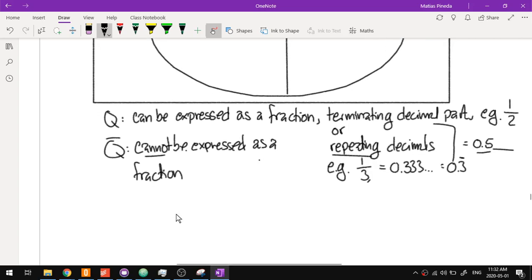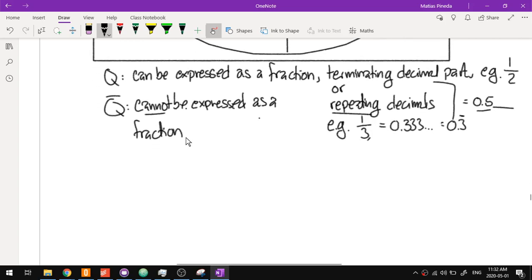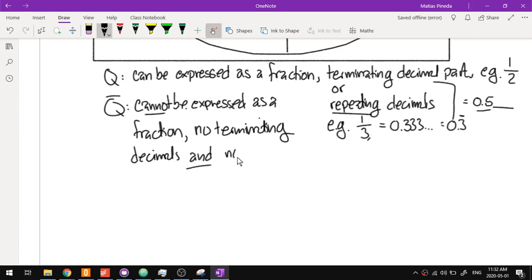Okay, and the characteristics that they have are that they do not have a terminating decimal part, so the decimals continue forever, and there are no patterns in the decimal. So no terminating decimal part, and no repeating patterns.